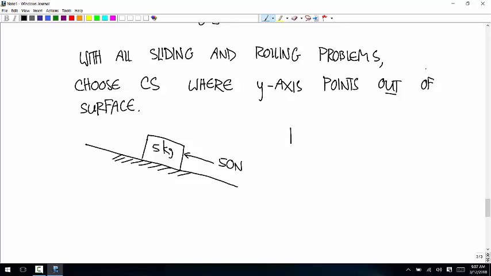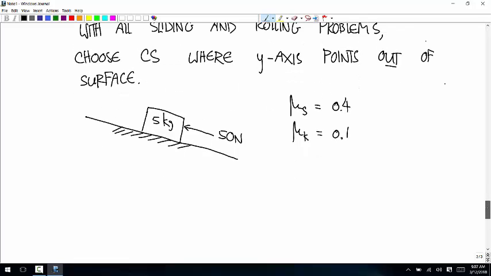We'll say that there's a static coefficient of friction of 0.4 and a kinetic coefficient of friction of 0.1. So first, we're going to use a coordinate system with y pointing directly out of the surface, and so x has to be this way.